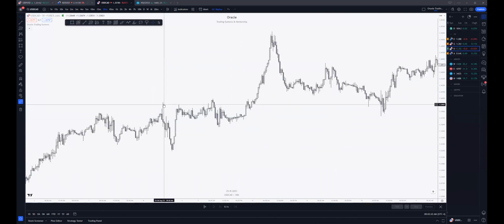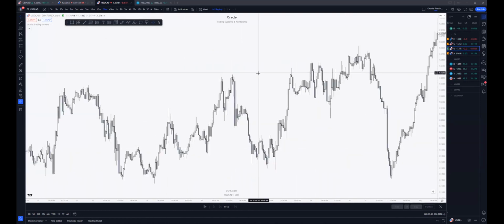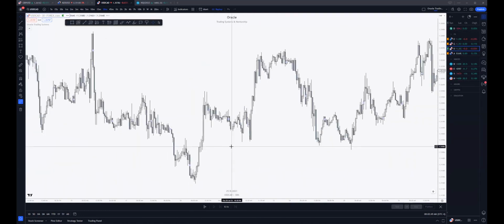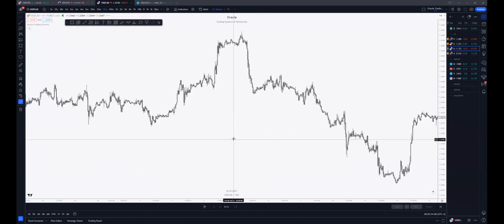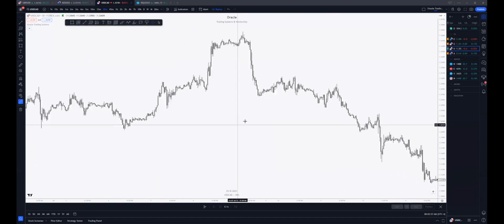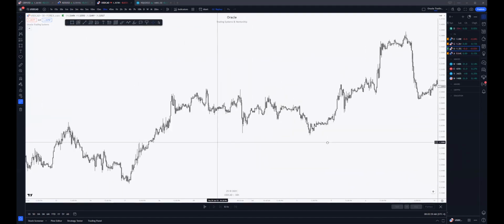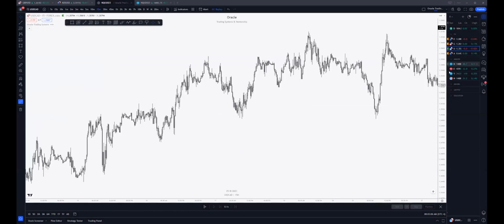Look at this one. Probably makes more sense on a lower time frame. I rarely do this myself, but this is one way to look at it. Hold on. Yeah, let's see.